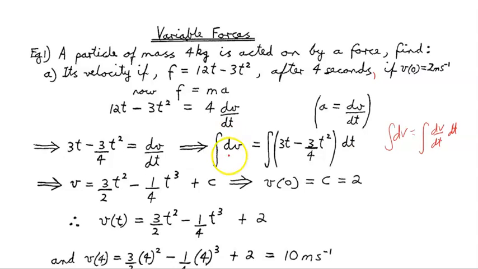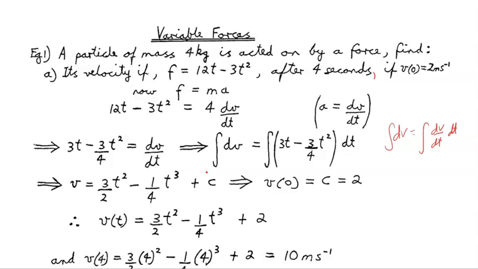So the integral of dv is the integral of 3t minus 3/4 t squared dt. On the left-hand side, we end up with the velocity, and on the right-hand side, anti-differentiating that, we have 3t squared/2 minus t cubed/3, which means the 3 disappears on the top, so we're left with 1/4 t cubed, plus a constant of integration.